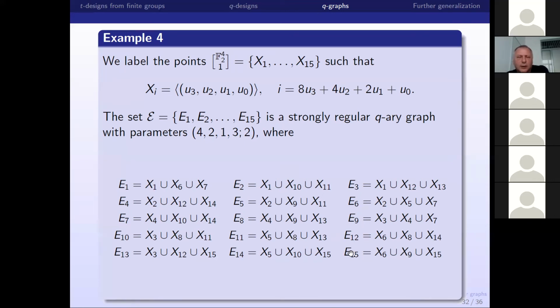These are all the 2 subspaces, and we checked that if you take these 15 two subsets as edges, you obtain a strongly regular graph with these parameters. I can tell you that it is not easy to find such a structure. We were also satisfied with that, because it should not be so easy to find. So that also convinces us that maybe our definition is okay.